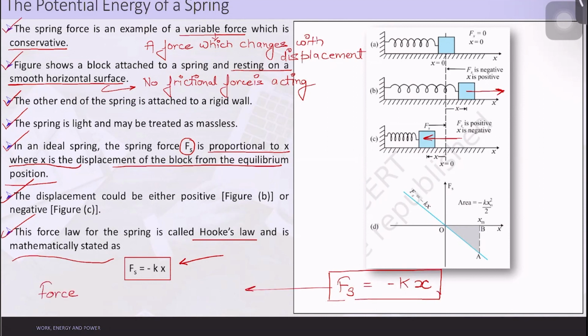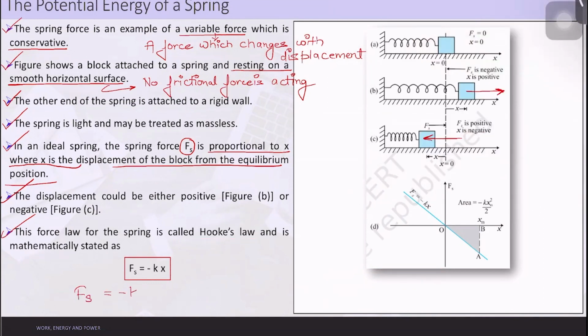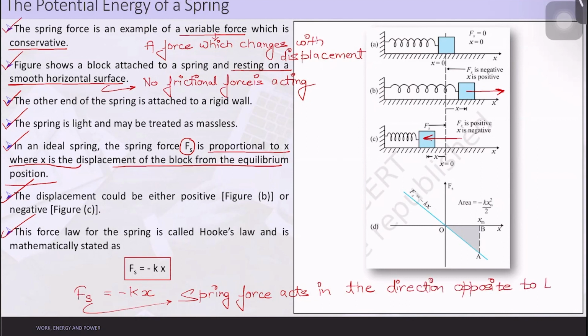So the spring force acts in the direction opposite to the displacement. I hope it is clear to you. So if let us say that x is positive, then it is quite clear that Fs will be negative. And similarly, if x is negative, then it simply means that Fs will be positive.